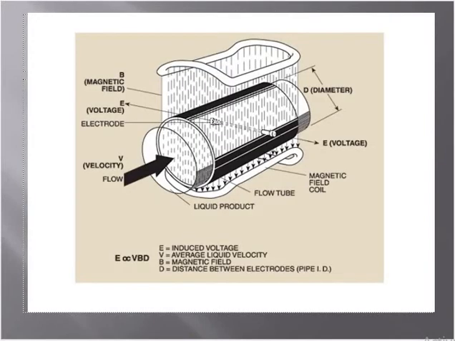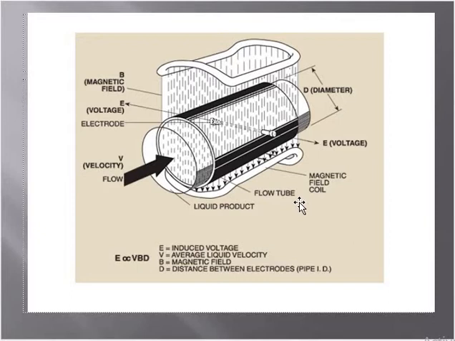Now we will see the construction of this magnetic flow meter. The magnetic flow meter directly induces VBD. Here the liquid product will be in the tube, and the flow direction I am showing with arrows. A magnetic field is developed, and a voltage is generated across the diameter of the pipe.